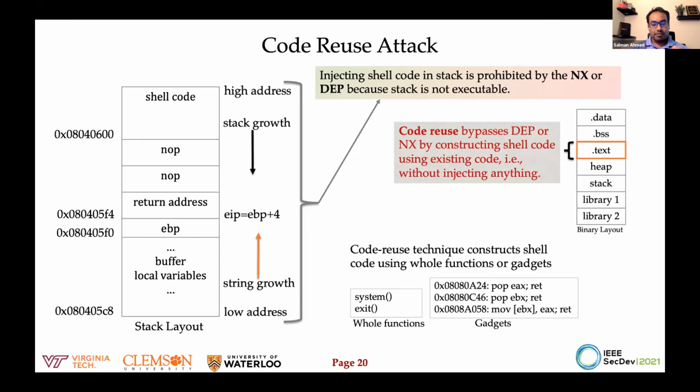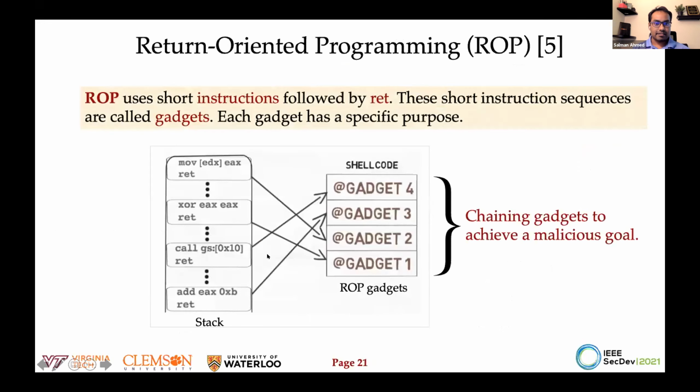So I'm going to particularly show you two different techniques. One is the most widely exercised: return-oriented programming. The way return-oriented programming works is it utilizes short instruction sequences followed by a return instruction, and only those that have some specific purpose.